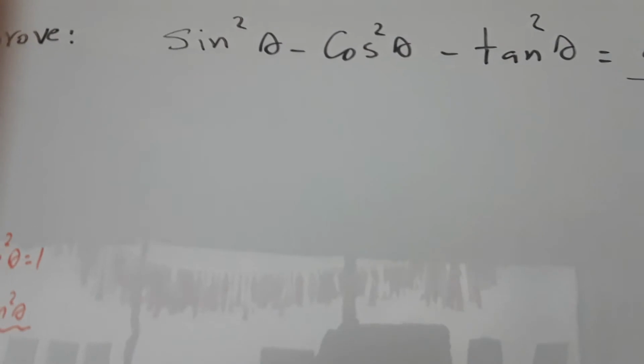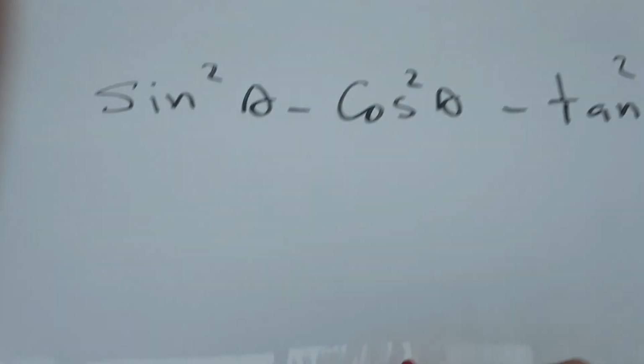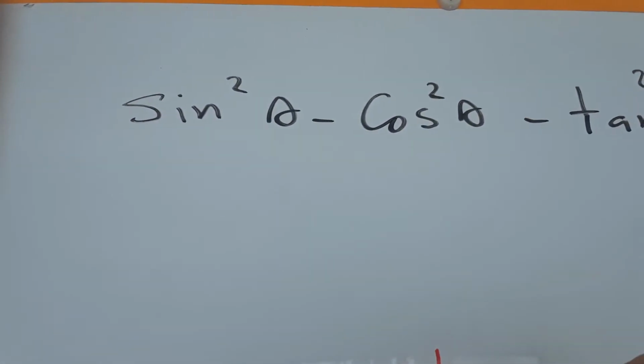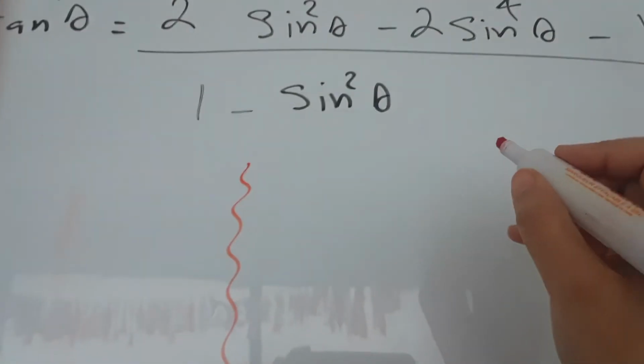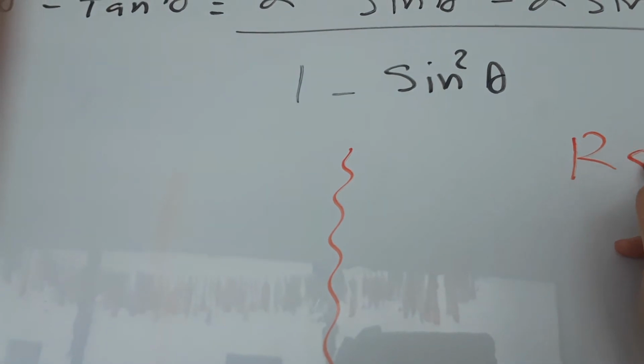So I want to start with the left side. I want to prove that the left side is equal to the right side, so I just put the line here, see?